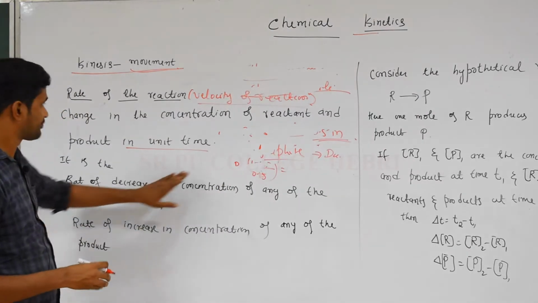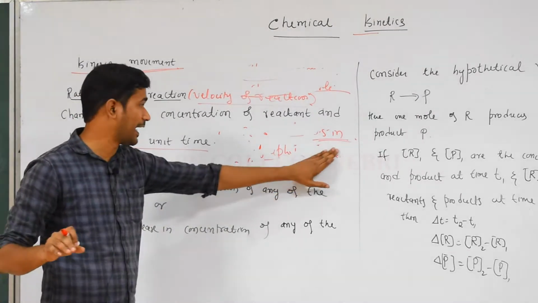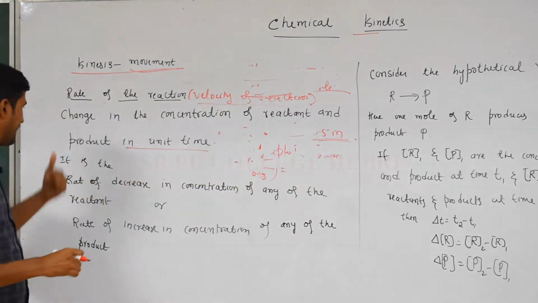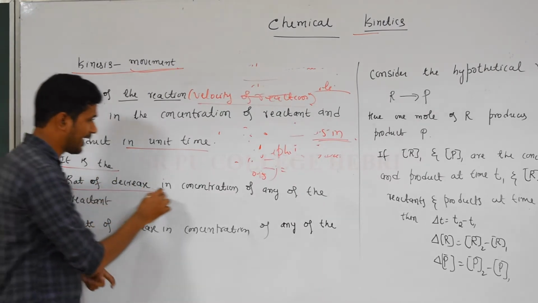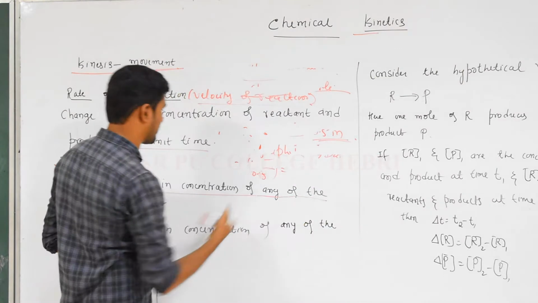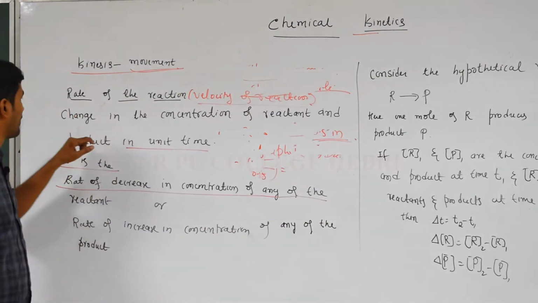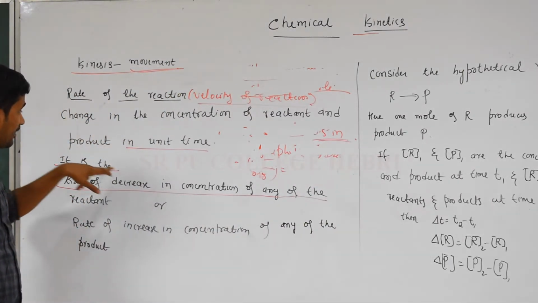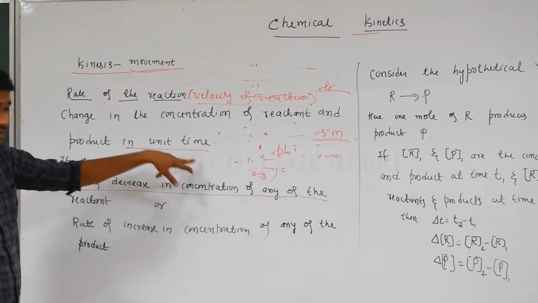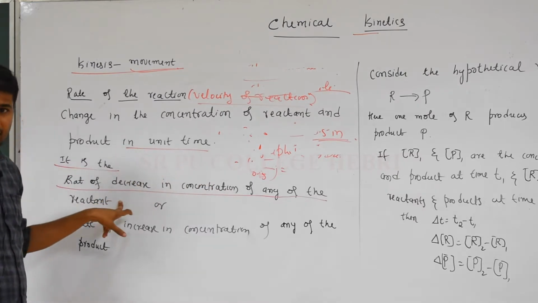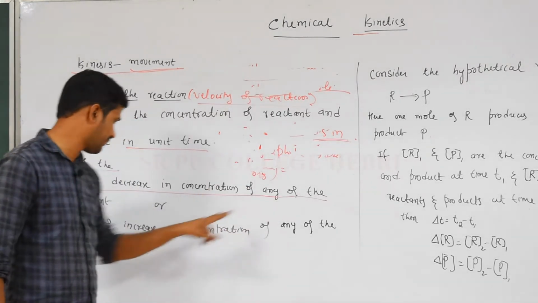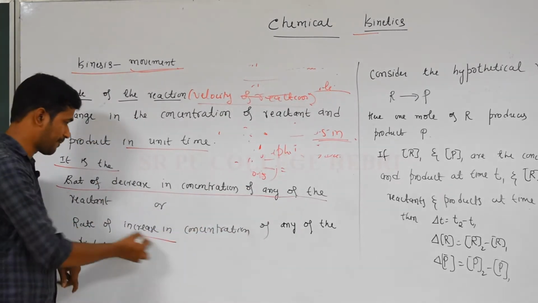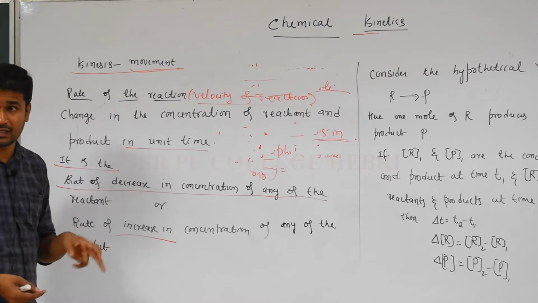Now, with respect to reactant and product, we can define the rate like this. It is nothing but the rate of decrease in the concentration of the reactant. Understood? What is rate? Rate is the decrease in the concentration of any one of the reactants, or the rate of increase in the concentration of any one of the products.